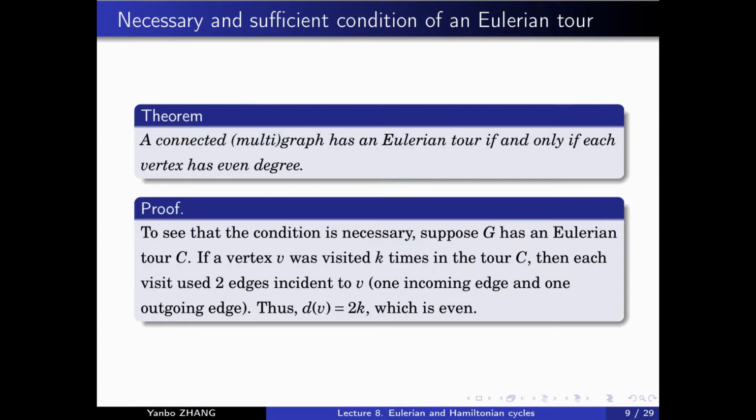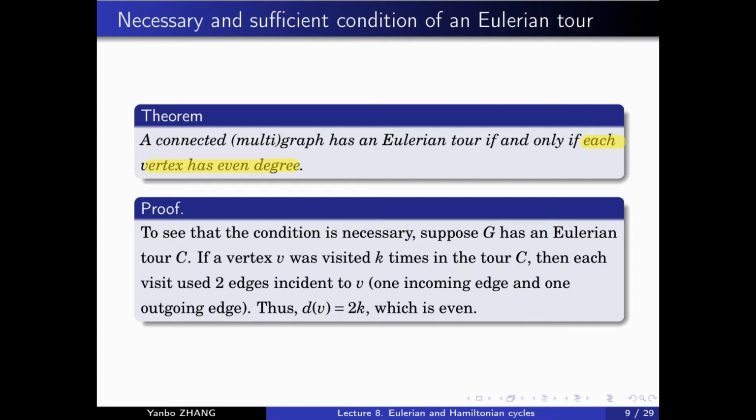A connected multigraph has an Eulerian tour if and only if each vertex has even degree. The necessity is given first. Suppose G has an Eulerian tour C. Note that for an Eulerian tour, it starts and ends at the same vertex.